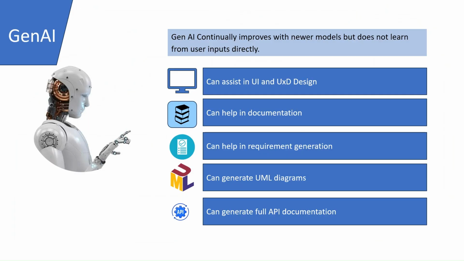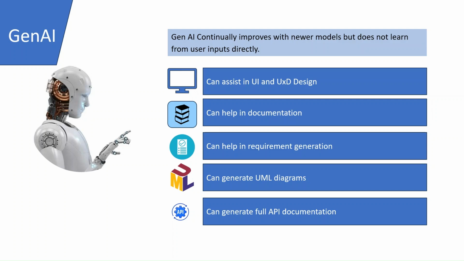I said it can assist in documentation, something like generation of UI UX design and generation of requirement content. For example, it can assist in preparing documentation for any topic.